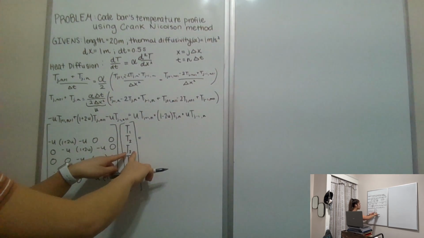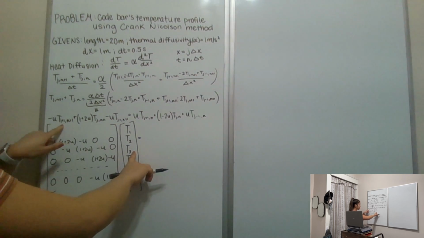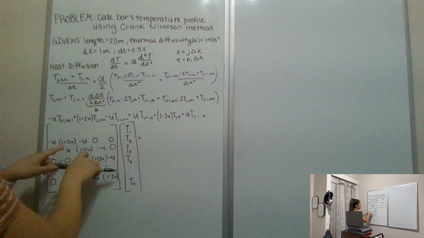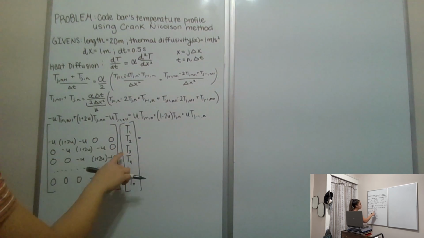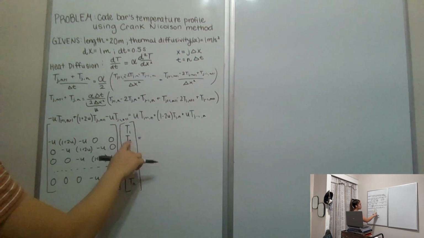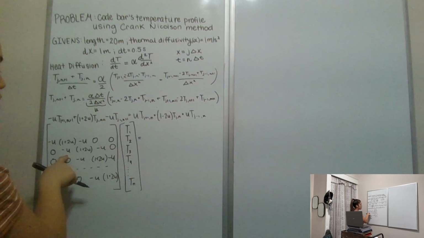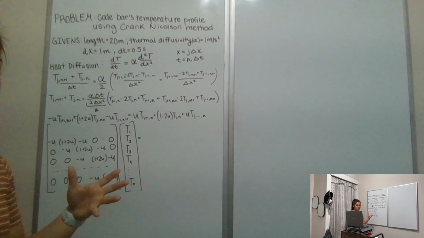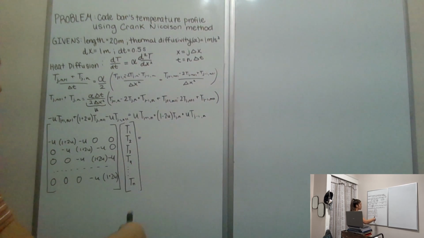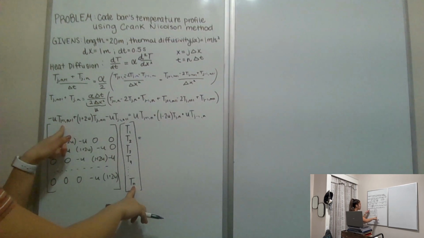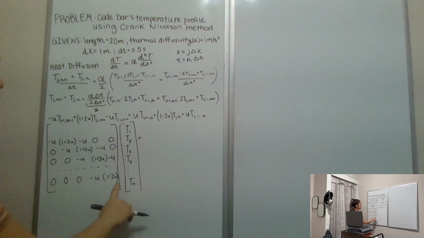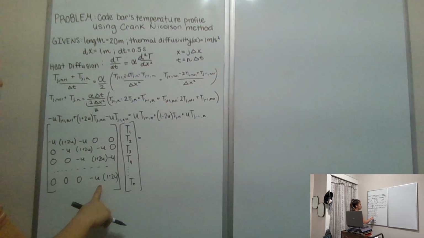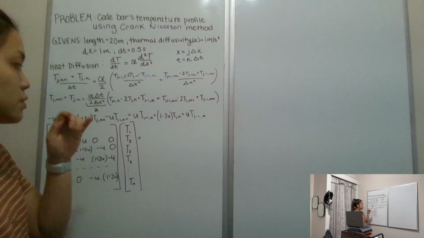Same for the third one: 3 plus 1 is the fourth position, so 1, 2, 3, 4, we have negative u, and then at j, 1, 2, 3, we have 1 plus 2u, and then at j minus 1, so 3 minus 1 is 2, we have negative u, and there's no 1 value, and so that's why I have a 0 here, and it goes all the way down. And so finally at the last temperature Tn, we don't have a value because there's no further temperature, so there's no negative u. At Tn, we have 1 plus 2u, and then at the previous value, we have negative u. And so that's the left-hand side, excluding this first row. We'll come back to that.